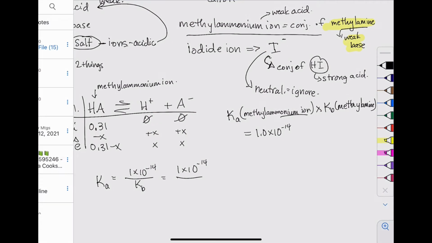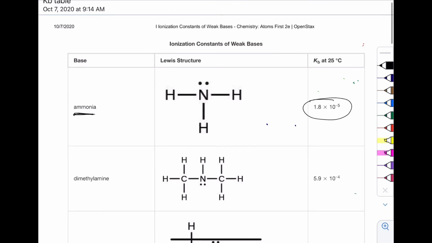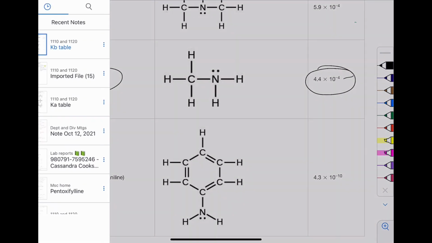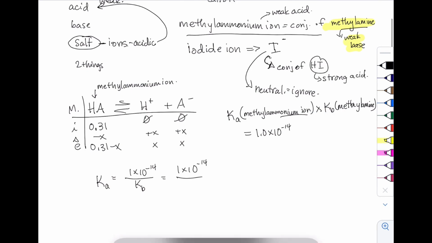So let me go look it up. Let me pull up my Kb table. I'll scroll down to methylamine, and its Kb is 4.4 times 10 to the minus 4. And that Ka is going to be equal to, and this is where I go to my ICE table, the K for that equilibrium reaction, which is x squared all over 0.31 minus x.